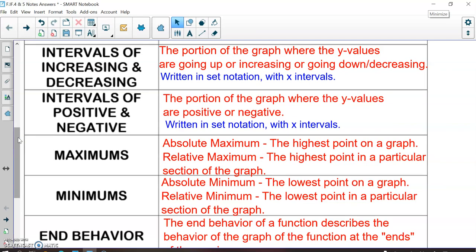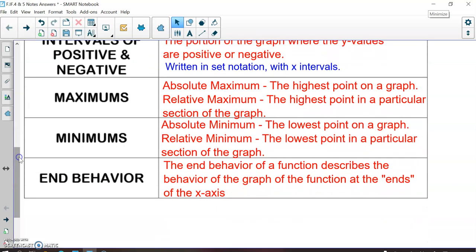That is the absolute highest point on your graph. And then there's something called a relative maximum, which is actually a highest point in a particular section of the graph. And then same with minimums. There's two types. Absolute minimum is the complete lowest point on your graph, whereas a relative minimum is the lowest point in a particular section of the graph.